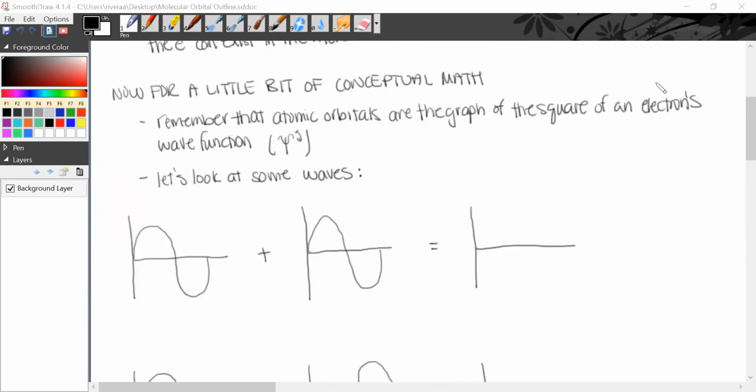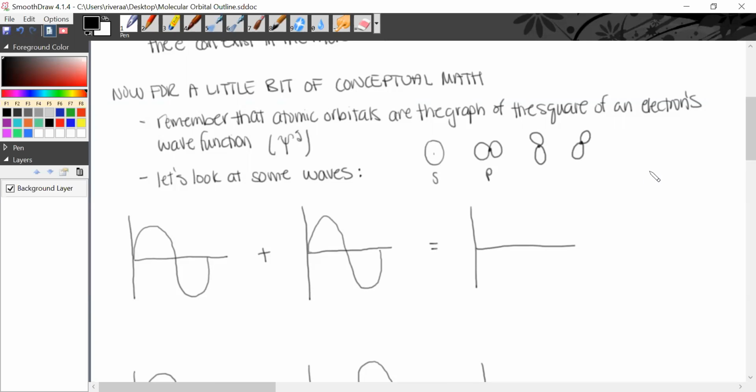Go ahead and draw these two waves. You guys need to recall that the reason we had an s orbital in the first place, these orbitals that we got, the s being a sphere and p's being dumbbells, right? And we remember we got three different ones, px's, py's, and pz's.